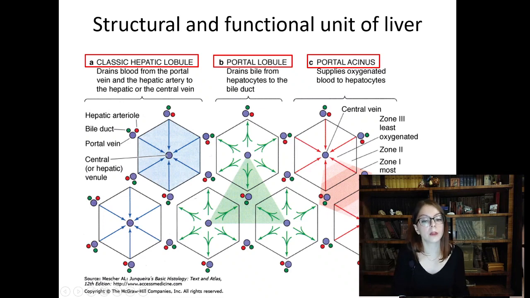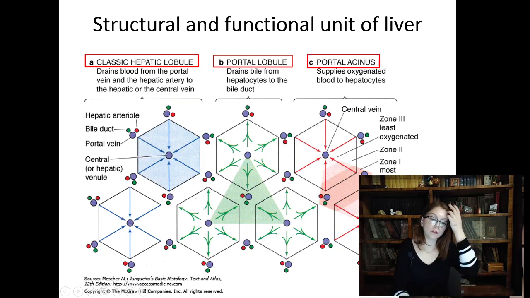So the degree of oxygen supply is not equal among those zones, and between the portal triads the most oxygenated zone is located. After that, a less oxygenated zone, and around the central veins the least oxygenated zone, because it is far from arteries.